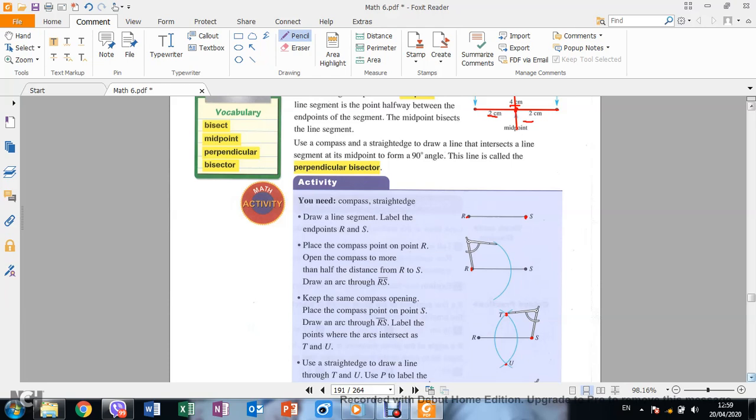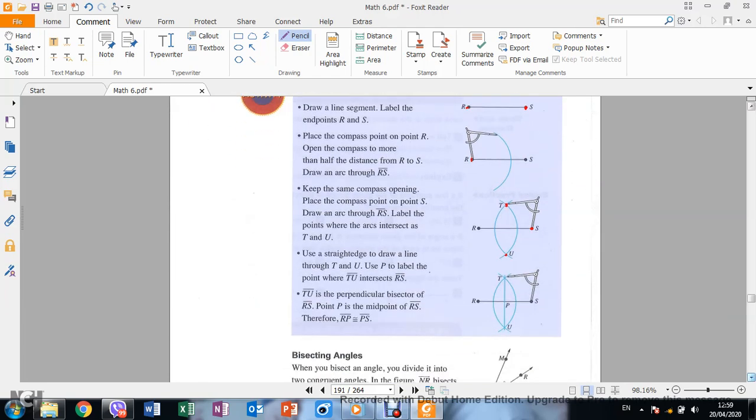When we get points T and U, we draw a line from point T to point U. This is called the perpendicular bisector.